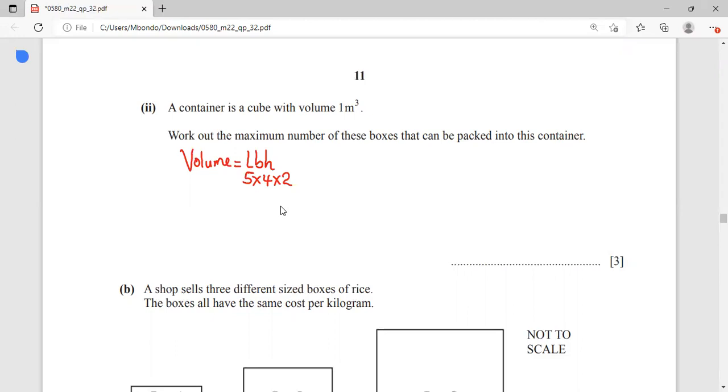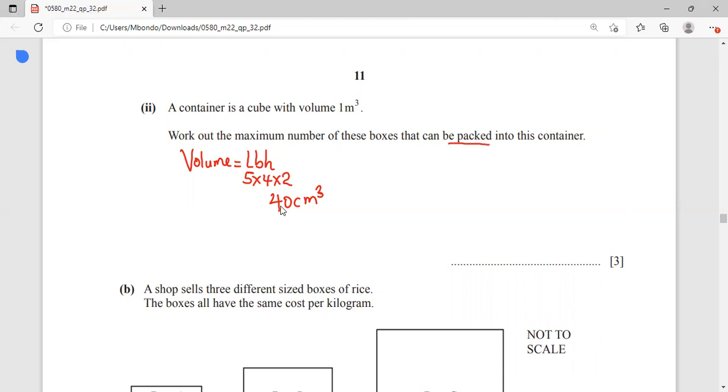What are we going to get here? This is going to give us 20, and by this one we get 40 centimeters cubed. This is the volume of one box. Now we want to find out how many boxes can be packed into this container.